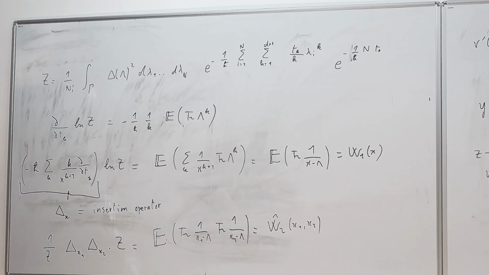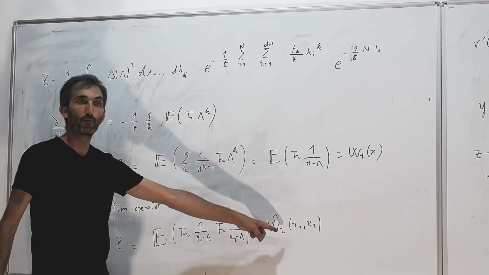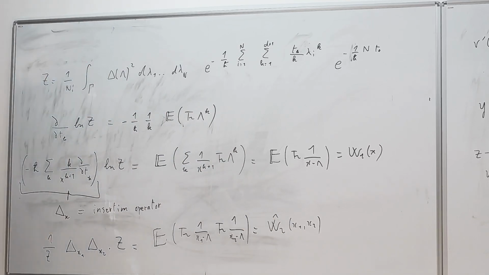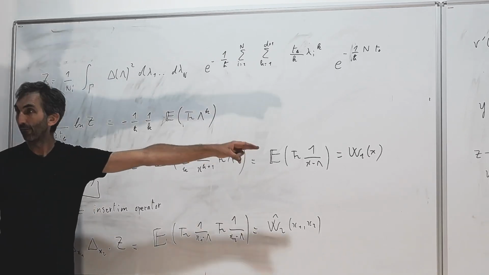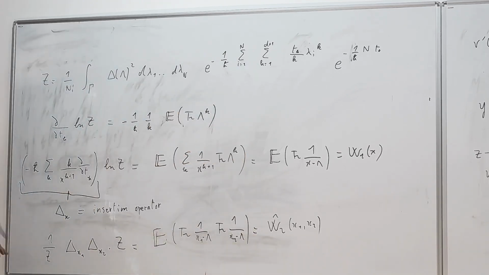This operator is often called the insertion operator. If you want to compute not W2 hat, but W2, the cumulant, you should subtract the product of two W1s. And this is exactly the same operation as acting with the two deltas on the log.